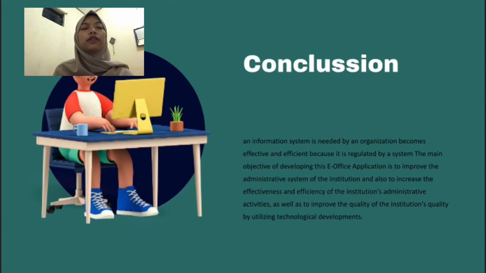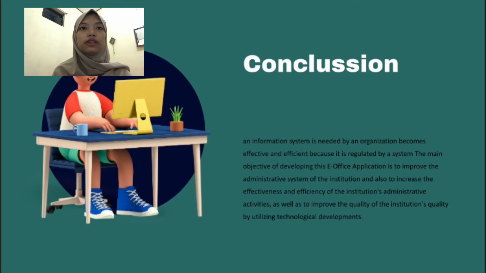The main objective of developing this e-office application is to improve the administrative system of the institution and also increase the effectiveness and efficiency of the institution's administrative activities, as well as to improve the quality of the institution by utilizing technology developments.